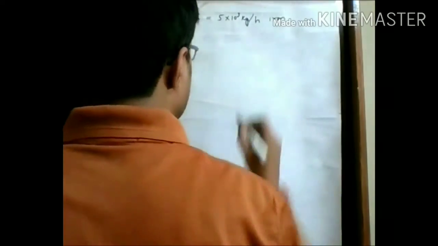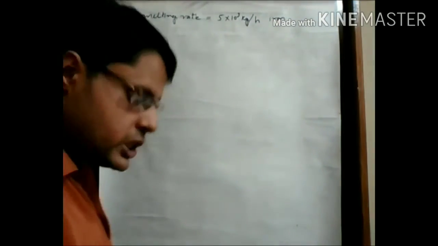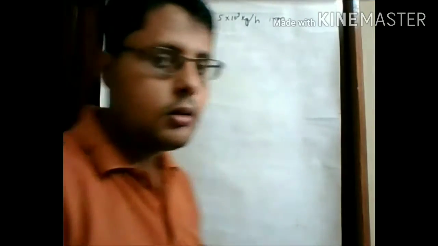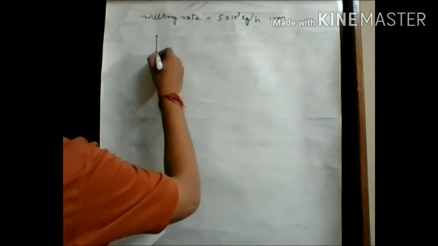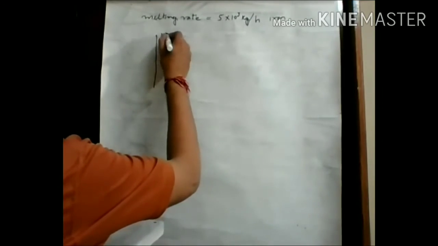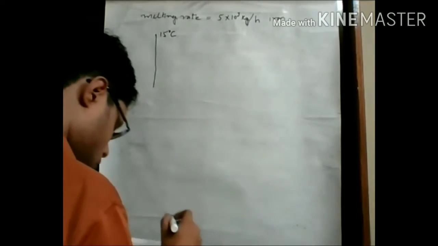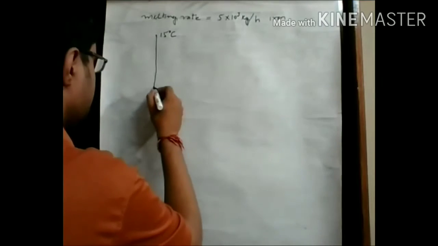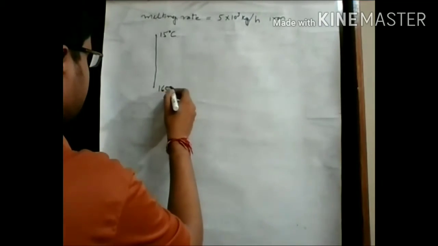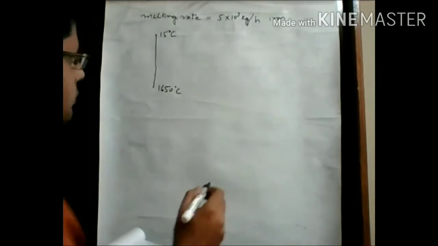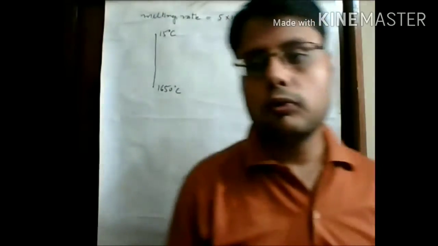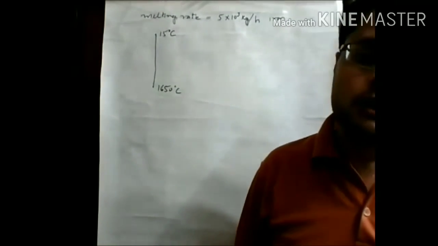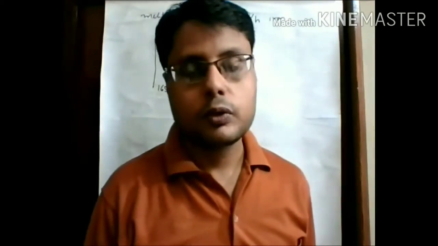Okay. So we want to change this iron from 15 degrees Celsius to 1650 degrees Celsius. We want to change this iron from 15 degree solid state to 1650 degrees Celsius liquid state.